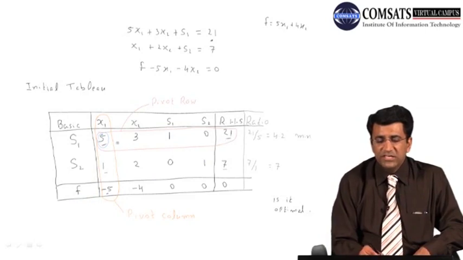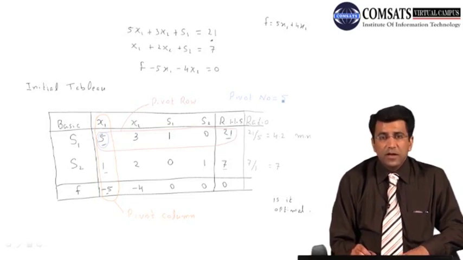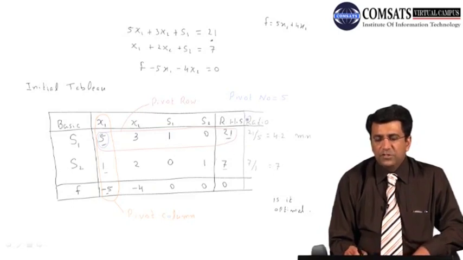So in this particular case, our pivot number is equal to 5. So class, up till now we are able to identify the pivot column, then the pivot row, and then the pivot number.